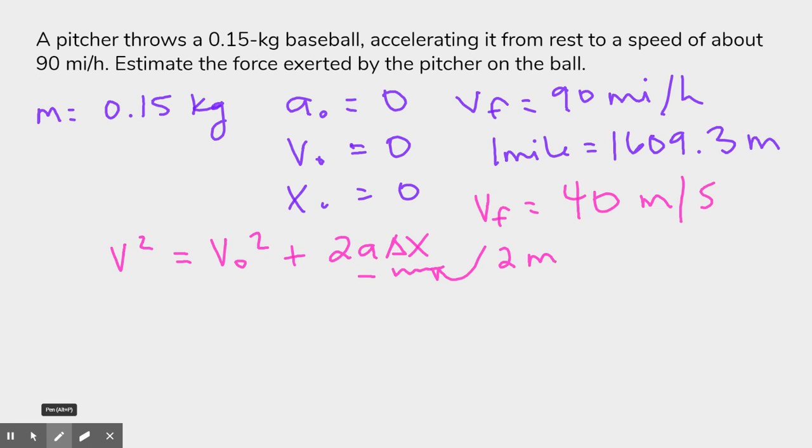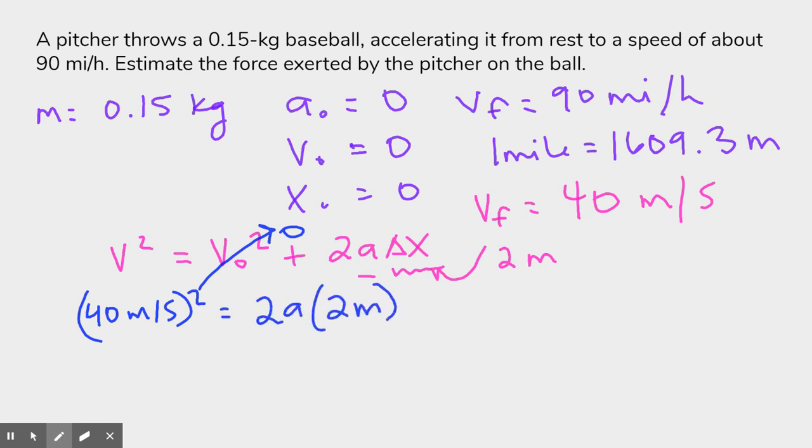Now that we have done that, this will be fairly straightforward. So this will go away because we know that the initial velocity was 0. We can plug in the 40 meters per second, get that squared. It's equal to 2 times a times delta x, which is 2 meters.